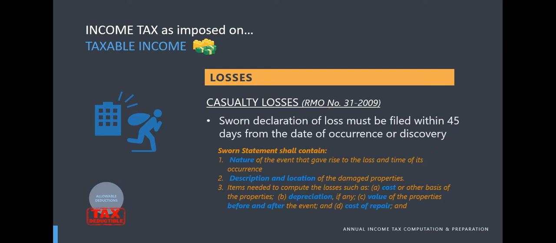In case of real properties, it is the nearest value based on the latest appraisal.